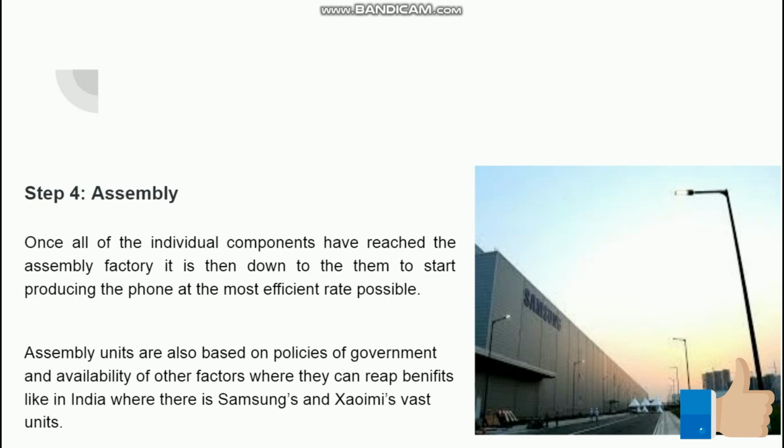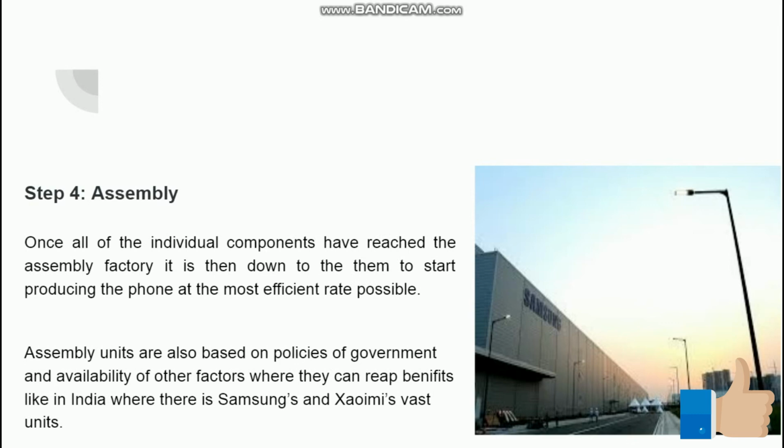The last step in this whole process is the assembly units. Once all of the individual components like the IC, the PCB, the chipsets, the external cameras and other components reach the assembly factory, it is then down to the company's assembly factory to start producing the phone at the most efficient rate and in the lowest time possible.